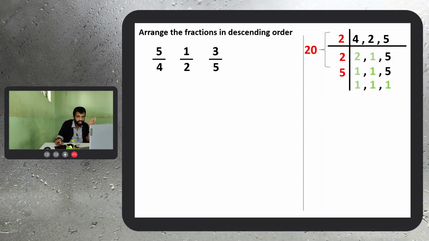Now I will take the denominator of the first fraction, which is 4, and multiply something of my own so that my answer becomes 20.